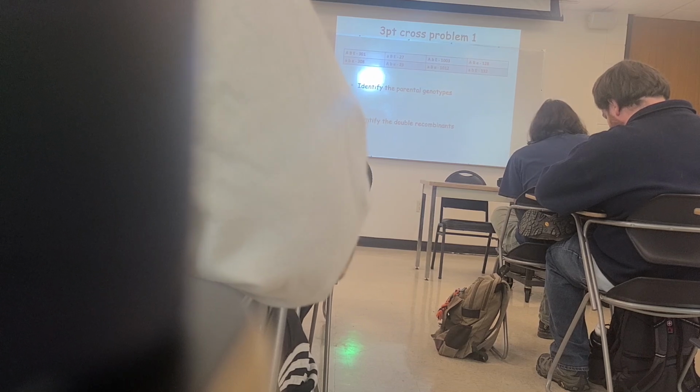And which of these numbers represents our double recombinant offspring? And why are they the smallest? That's right. Again, just trying to reinforce the idea that crossing over is rare. Double crossing over is the most rare thing, so we pick the ones with the lowest numbers, which are gonna be the 27 and 23 numbers, where you get A, B, E, and A. Some of you might look at these and say, oh, that's a diploid cell.